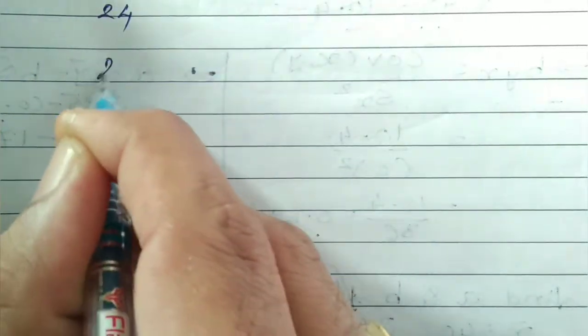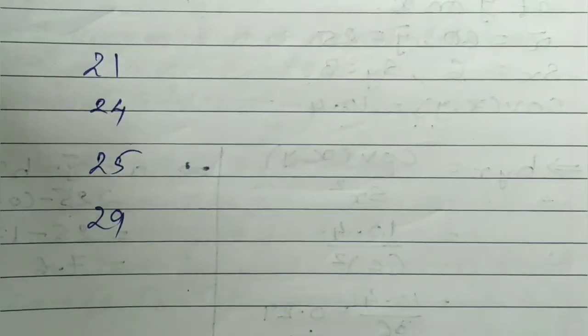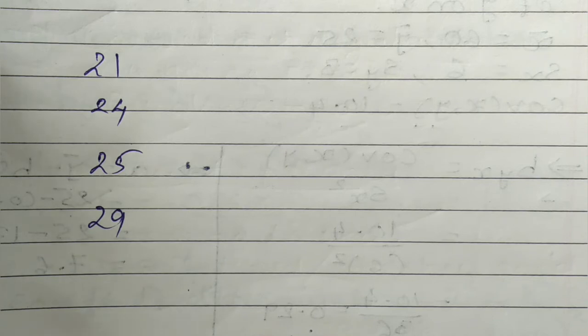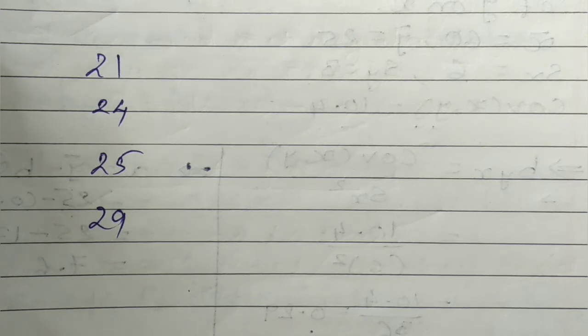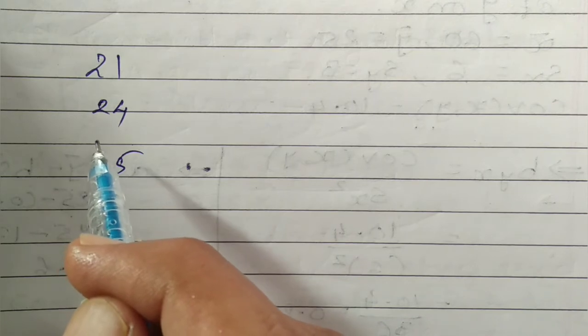But what if, students, a 4-yearly moving average is given, suppose the data is 21, 24, 25, 29. This is 4-yearly information given to you. Now you have to find the average. Where to write this information? Which year is your middle year?